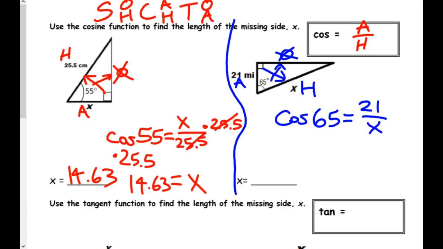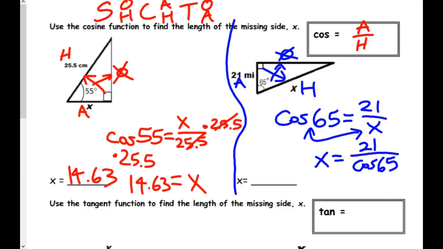Now, we said if X is on the bottom, we got a trick for that. And the trick is swapsies with the left side, right? So I'm going to take the cosine 65 and the X and switch places with them. So it's really going to be 21 over cosine 65. And now it's just a calculator problem.